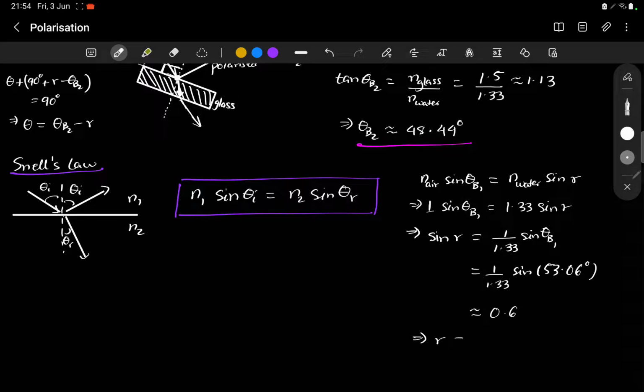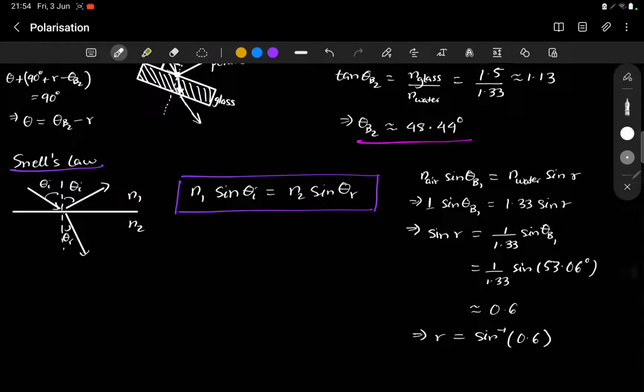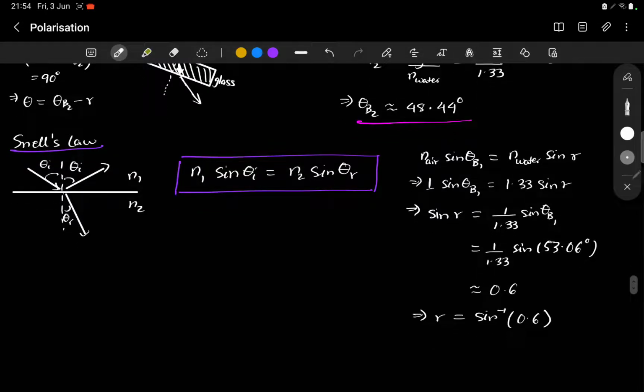So this gives us, again plugging into the calculator, R roughly 36.87 degrees.